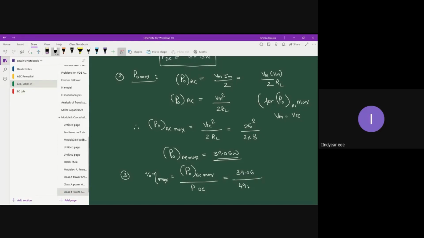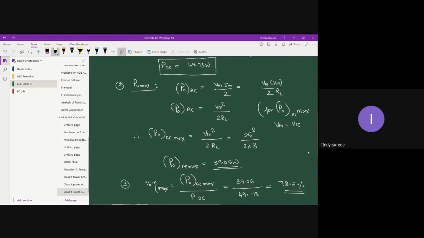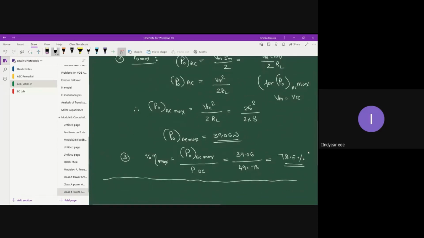PDC is 49.73. Since you're talking about maximum efficiency, you should get this value very close to 78.5%, because theoretically we have already found that. So that's your first problem. Clear?